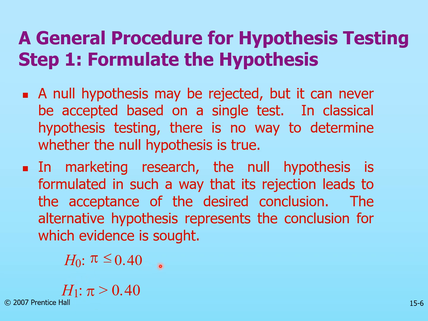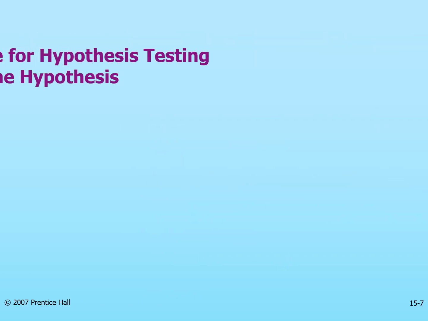So here it was said that the null hypothesis value is going to be less than or equal to 40. That is the null hypothesis. While H1, the alternate hypothesis, says that the expected value is going to be greater than 40. It means that the price is going to give more effect, like that.